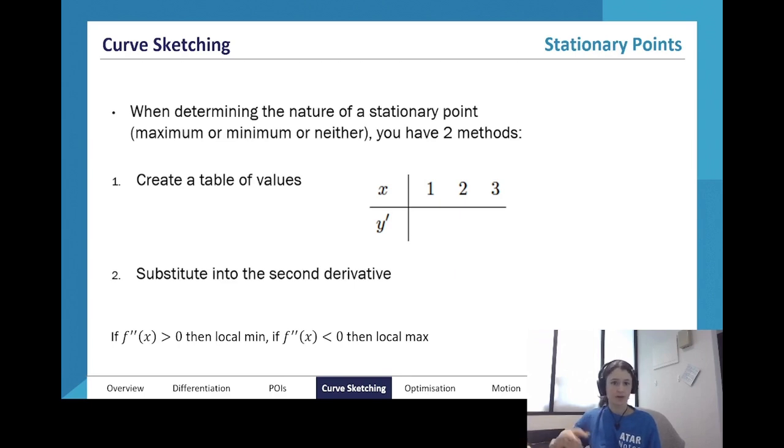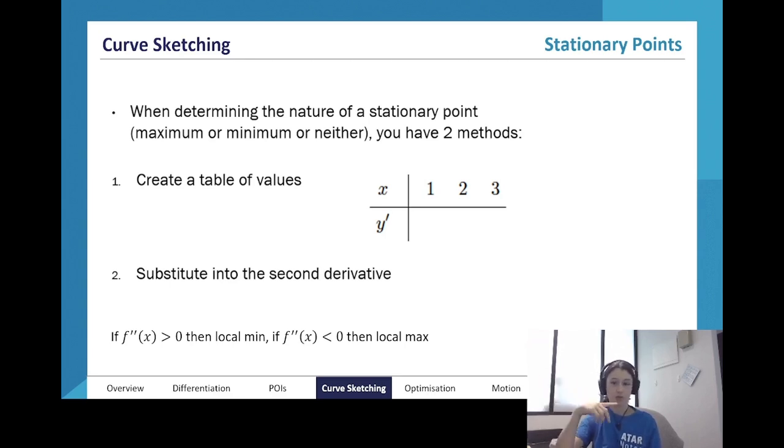Okay, now we are getting onto the curve sketching topic. We're going to get into some of the other things you need to know for finding the features of a function, the things you're going to need to label if you're asked to sketch a curve.